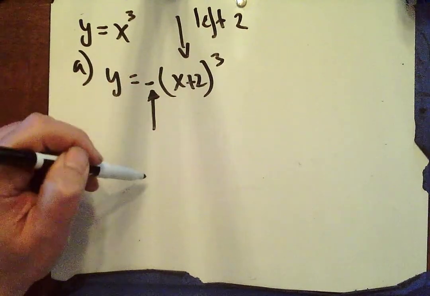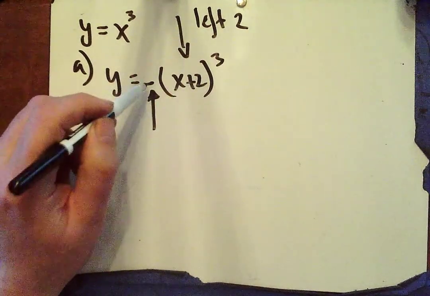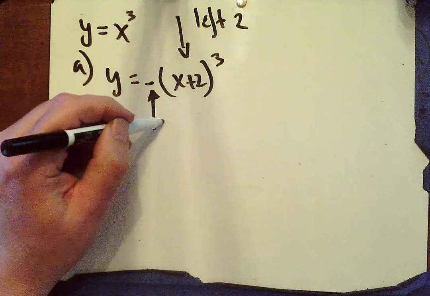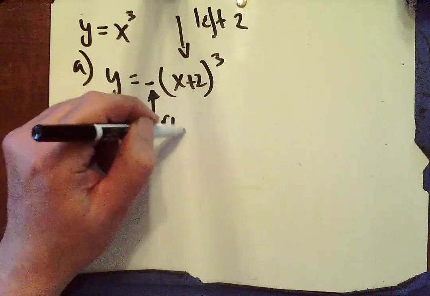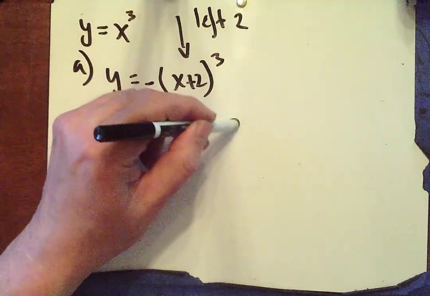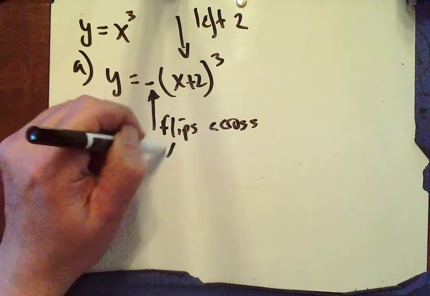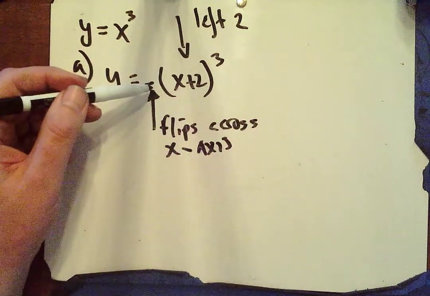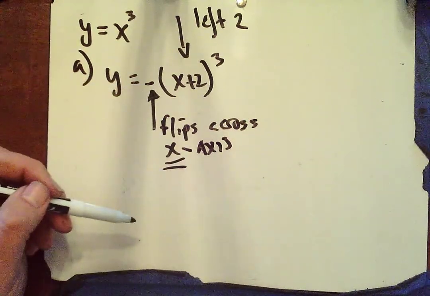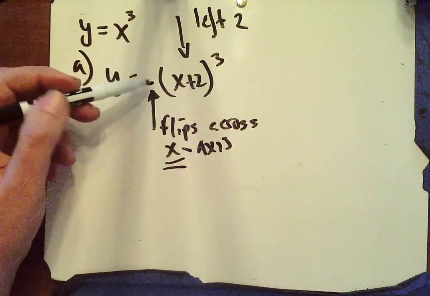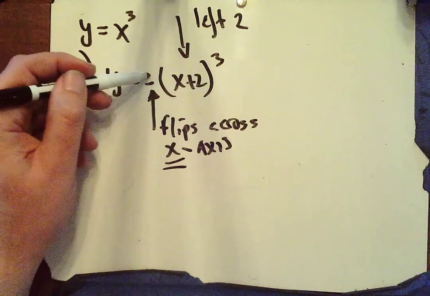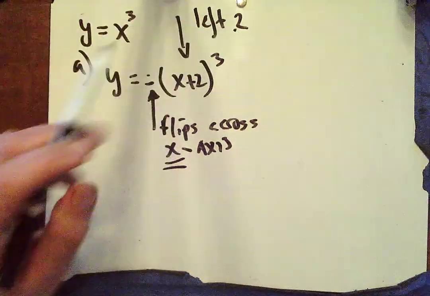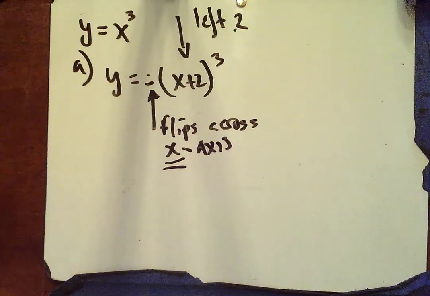And here, outside the function, because I'm multiplying all the y's by -1, this flips across or reflects across the x-axis. Because I multiplied the y's by -1, I'm going across the x-axis. So we will multiply the y's by -1.